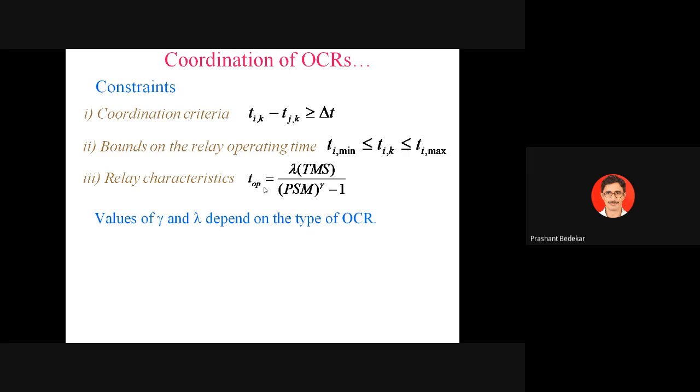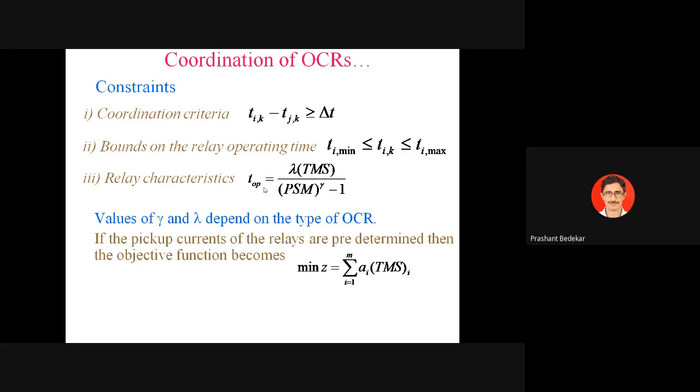Let's have a look at that particular chart. If the pickup currents of relays are predetermined, then the objective function becomes minimize Z equal to sum of AI into TMS. You can just see here, this is the time of operation of the relay: lambda into time multiplier setting upon plug setting multiplier raised to power gamma minus 1.